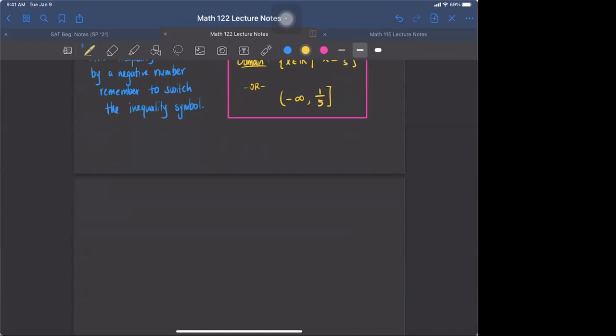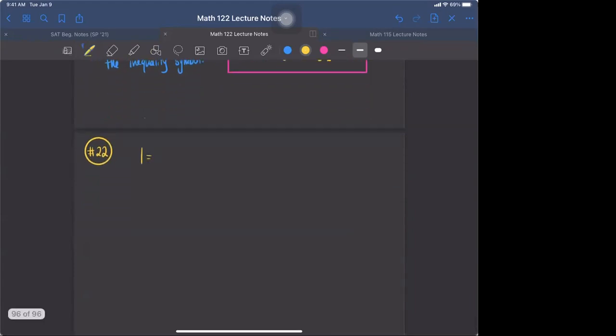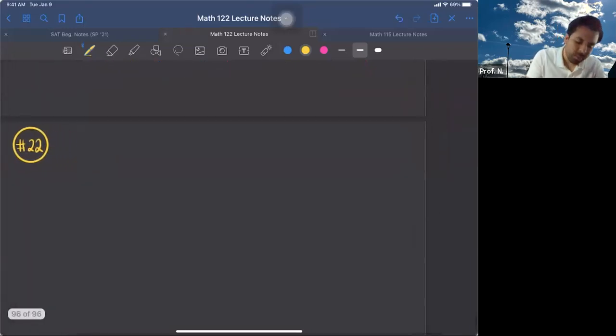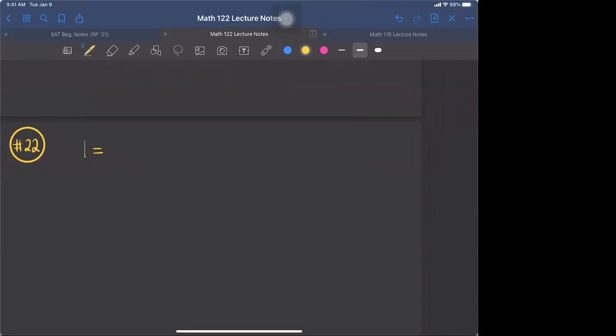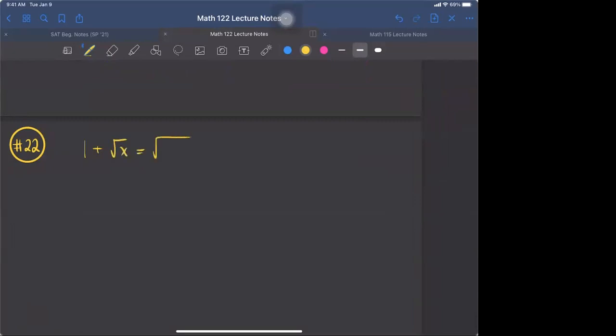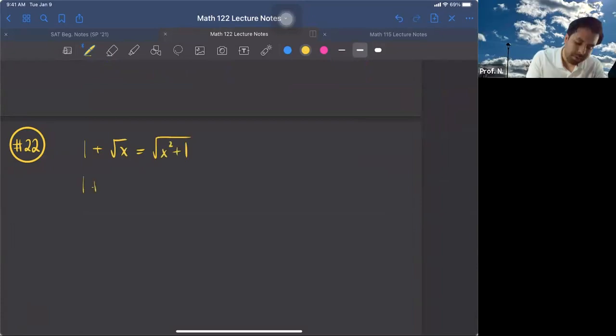It was 1 plus radical x equals radical x squared plus 1, and the second part was that 1 plus radical x is greater than the square root of x squared plus 1.